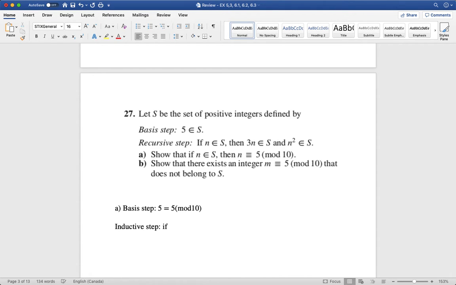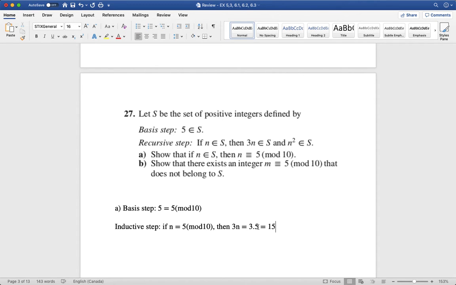If n is equivalent to 5 mod 10, then 3n is equal to 3 times 5, right? Because here n is 5 mod 10, so 3 times 5 equals 15. We said that 5 equals 5 mod 10, so we are just replacing this whole thing with 5.